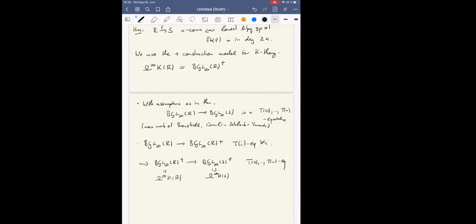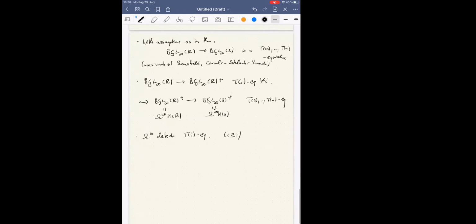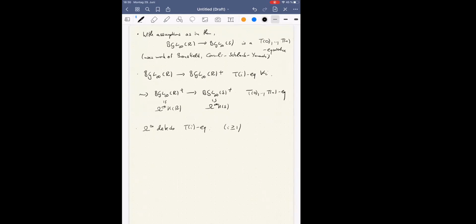And then the last step is that omega infinity detects Ti equivalences. This is for i bigger or equal to 1. This is a remarkable feature about Ti localization, Ti equivalence, and this uses the Bousfield-Kuhn functor.